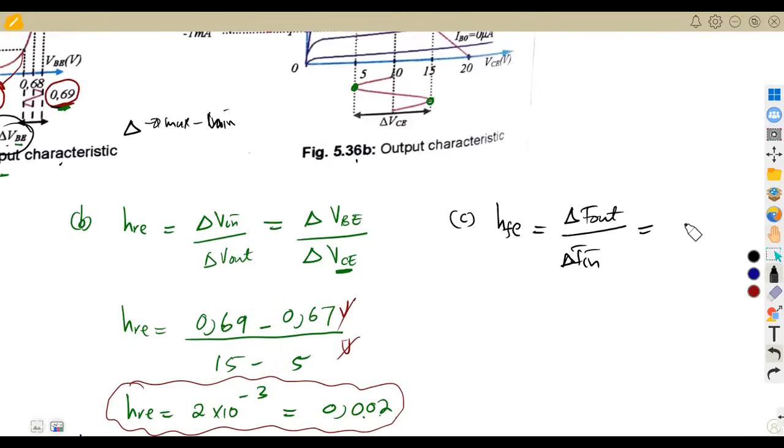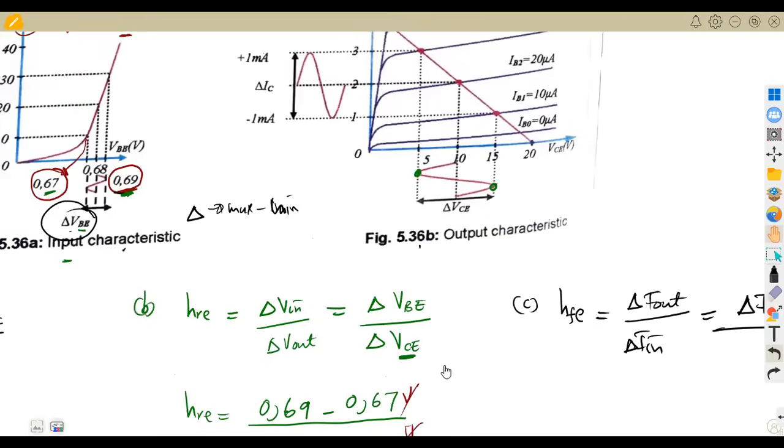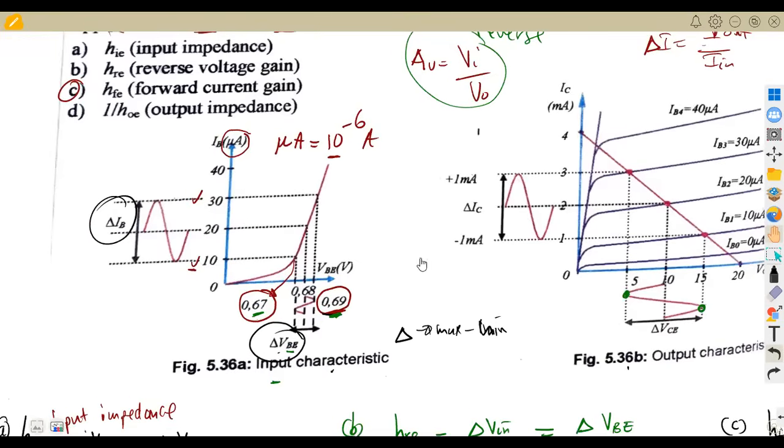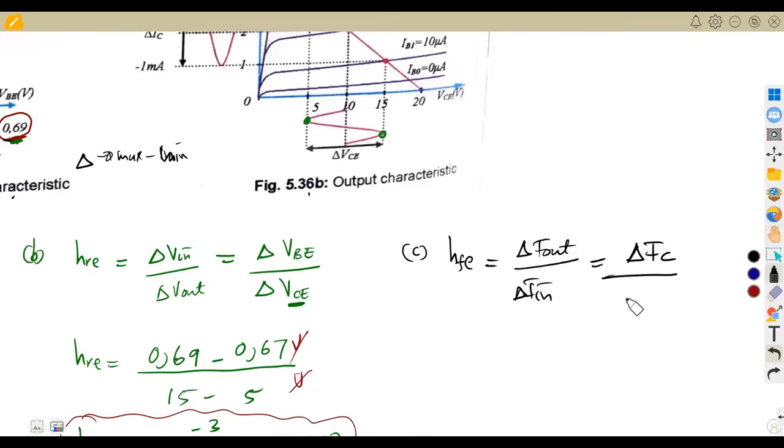You can use your characteristic curve, or you can go back to the normal formula. Then at the input, for a common emitter, the input current is the base current, IB. So we're going to have the change in IB, the change in base current. That's it, we're going to have our forward current gain.